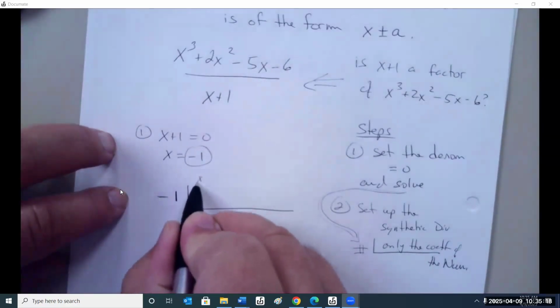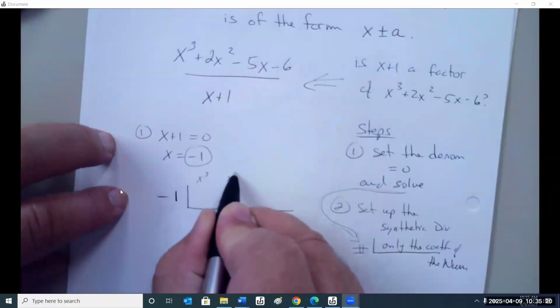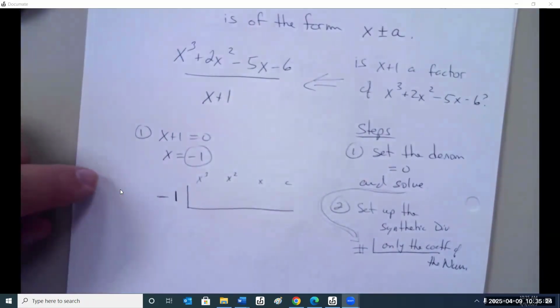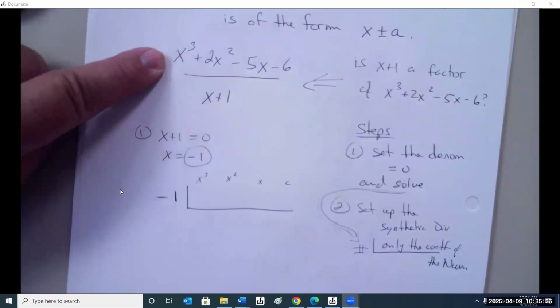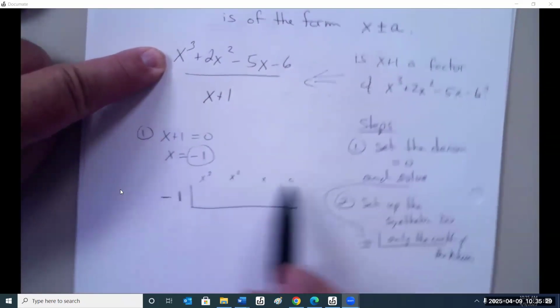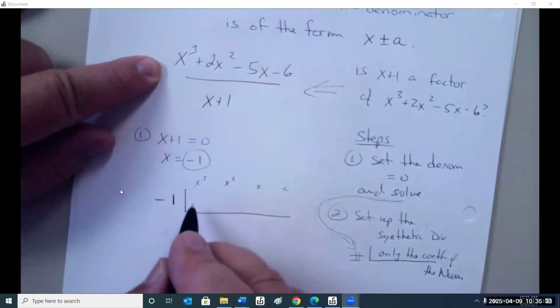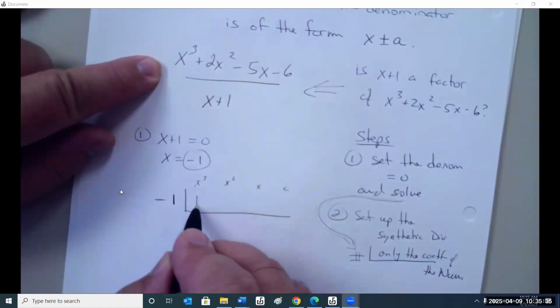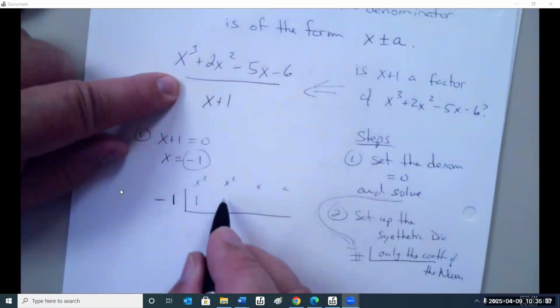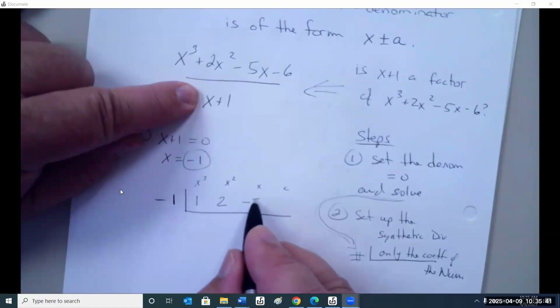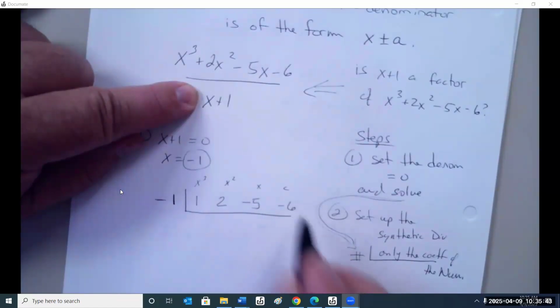So we have x cubed, x squared, x, and a constant. Since the first term is an x cubed, I start off with that, and then I count down everything after that. So what's the coefficient of x cubed? 1. What's the coefficient of x squared? 2. X, -5, and -6.